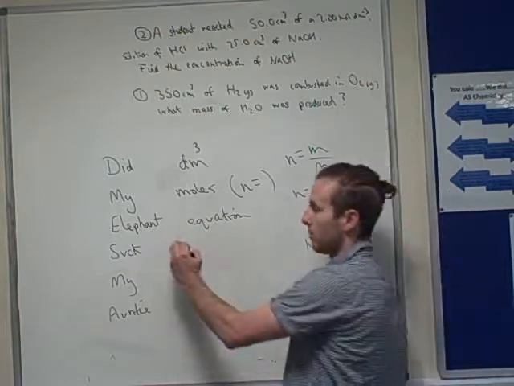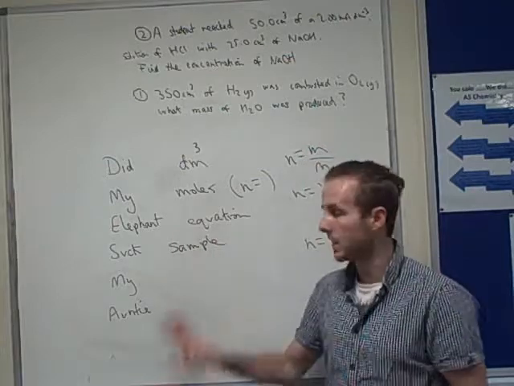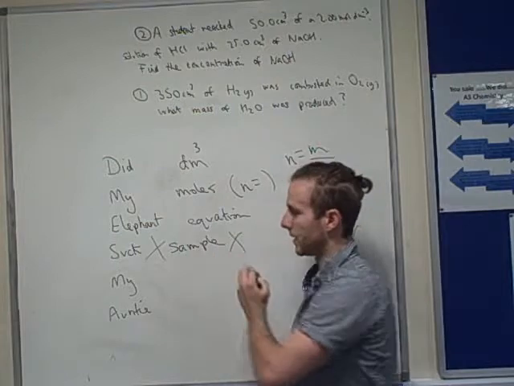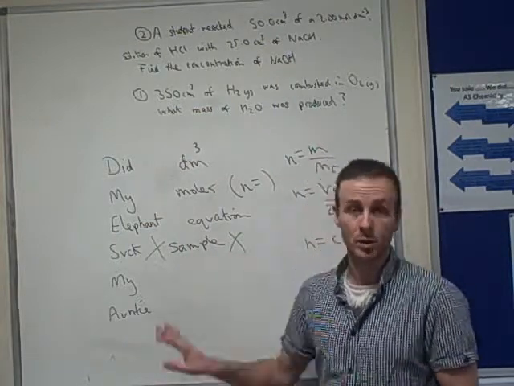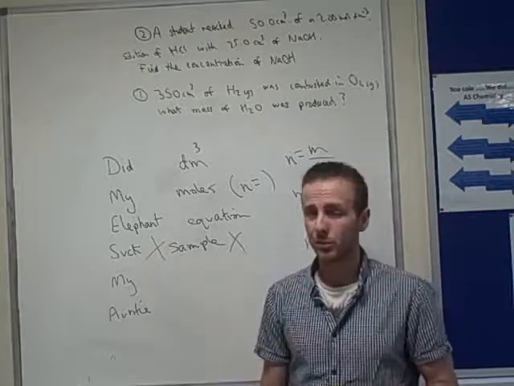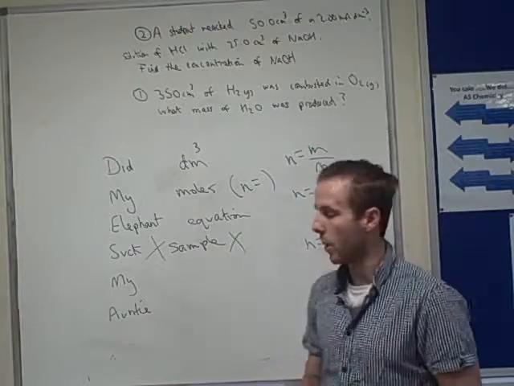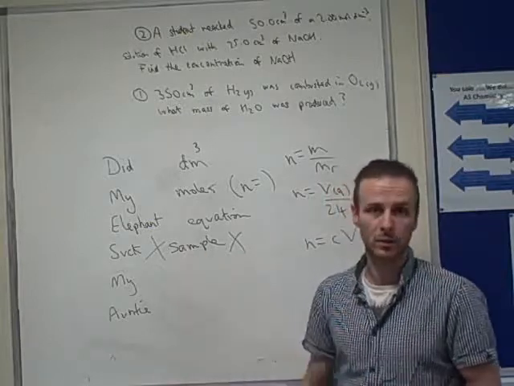S stands for sample. If you have a sample or a dilution, now's when you do that. We're not going to do that today. Samples are like a whole hour explanation by themselves, so we're just going to ignore the sample for today. And in actual fact, at AS, it's very, very rare you'll get a sample anyway. I am going to do another video on that eventually, so keep your eyes peeled for that.